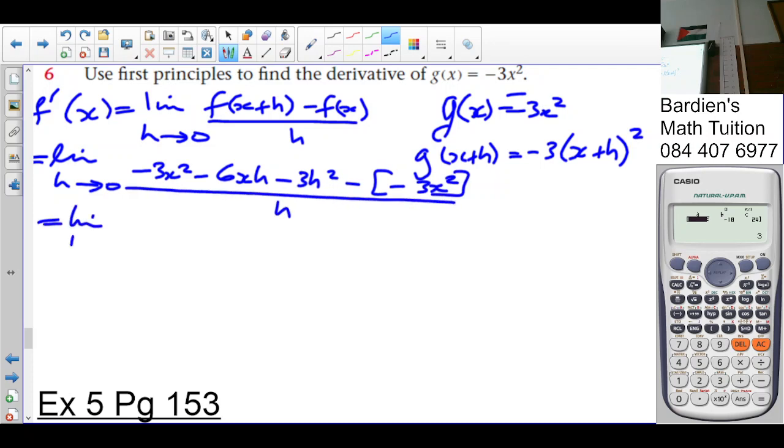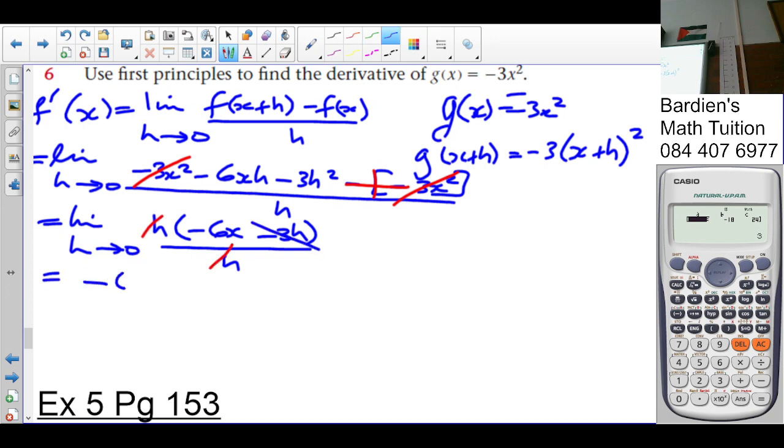So that goes the limit as h approaches 0. So negative 3x squared plus 3x squared cancel. We take out h as a common factor, so it's negative 6x minus 3h all over h. So h is cancelled. Wherever I see h, I put a 0. So the answer is negative 6x. Okay.